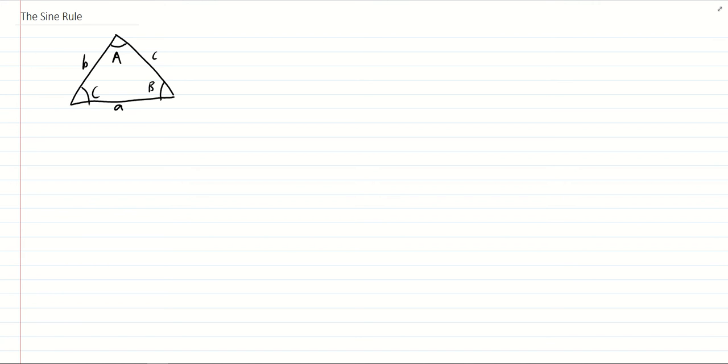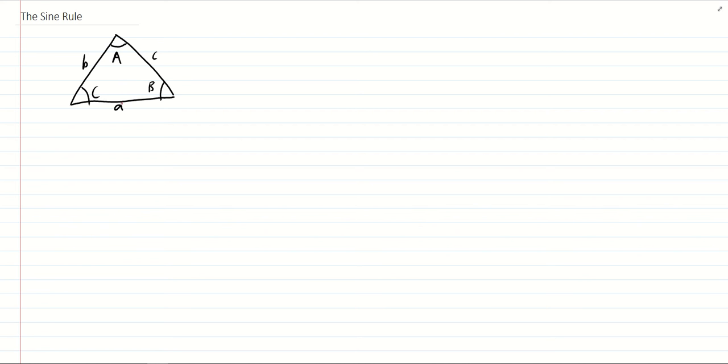So what does the sine rule state? The sine rule states that if I have the angles and the lengths as mentioned above, the ratios of the length over the sine of the angle will be equal to each other.